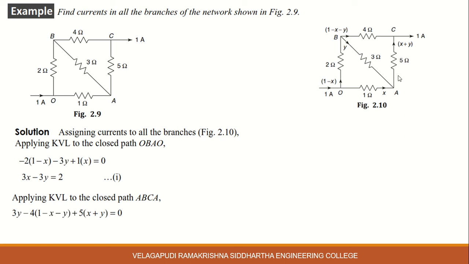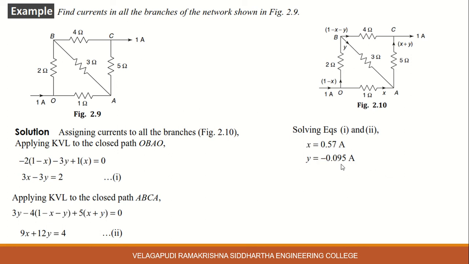Again the current through the 5 ohm resistor: higher potential to lower potential, but for the voltage drop calculation it is minus to plus, a rise in voltage, 5 into (X plus Y) equals 0. Now simplify this equation: 9X plus 12Y equal to 4. That is equation 2.